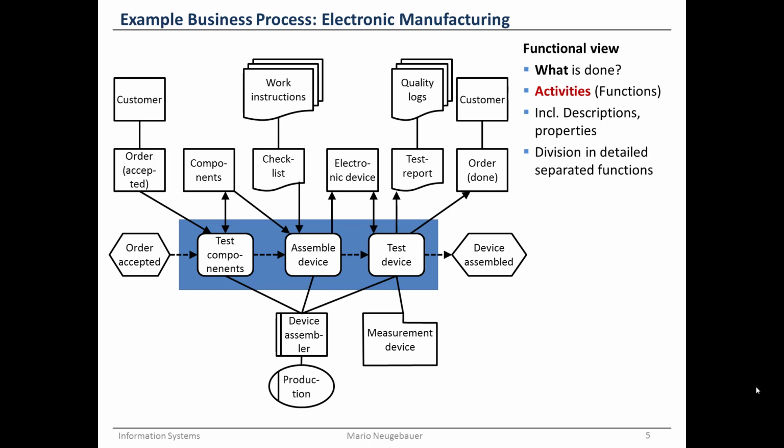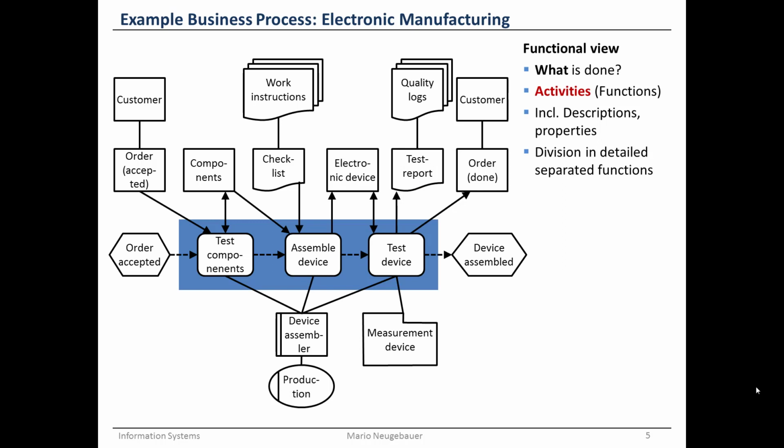And the last step here is testing the device. You produce the device, you produced many devices maybe, and then you would check them if they work properly. And that means that the electronic device itself is used, and as a result, you would generate a test report. So again, this test report is important information for your ERP system.